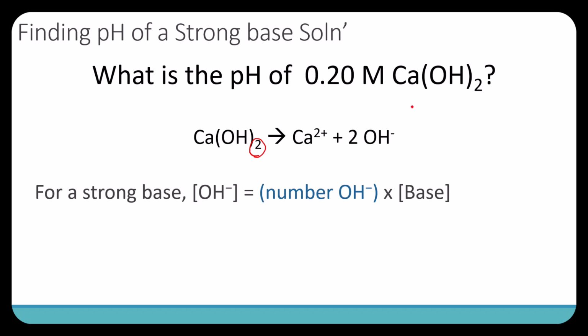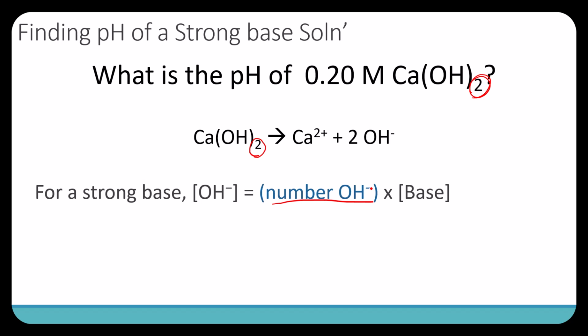If it was just simply something like NaOH, then we would have that 1-to-1 ratio. So the hydroxide concentration would equal this concentration, because it's just one OH. But with our group 2 metals, we have that extra thought with the 2 hydroxides. So that's where this statement comes in.